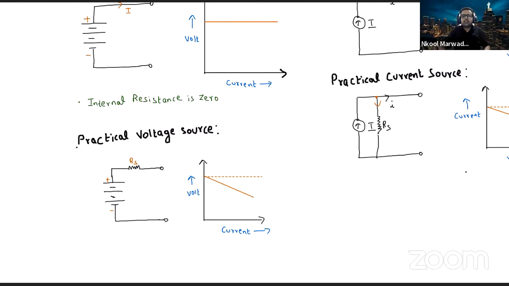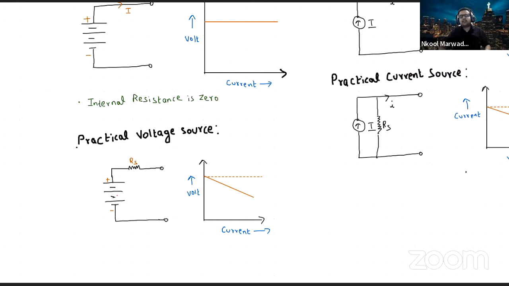And the same reason is applicable for the voltage source, because this resistance in series is responsible for the voltage drop. It is dissipating some energy.